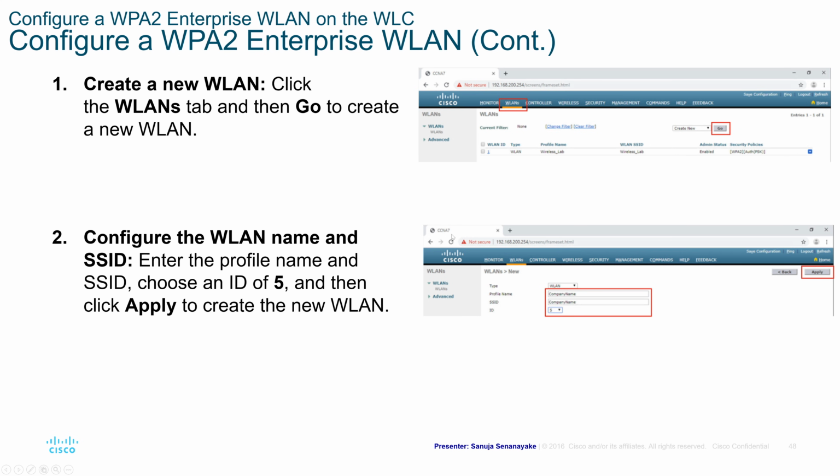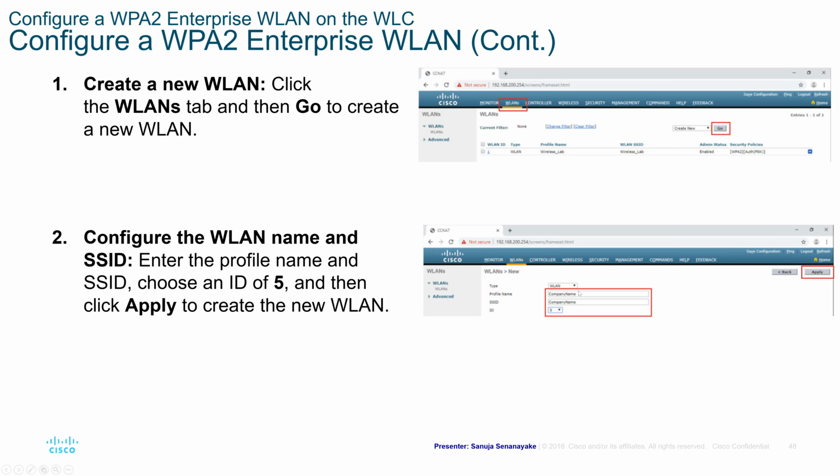So then we can configure the WLAN name and SSID on the next page after you click Go. Here we are configuring the profile name as company name, and we're going to give the SSID as company name. Again, to keep it consistent, I would usually pick the same profile name and SSID.